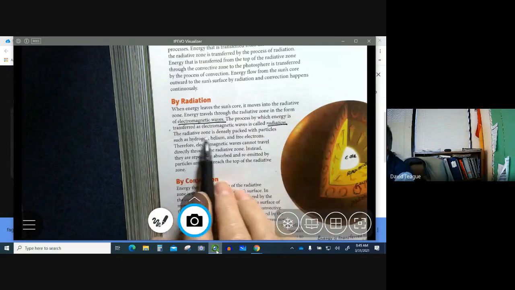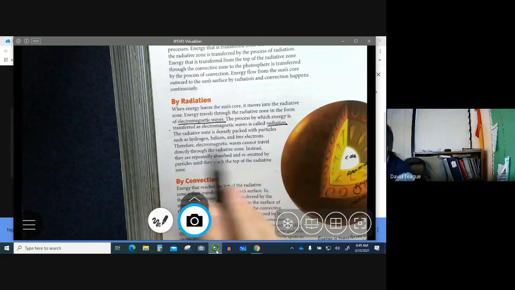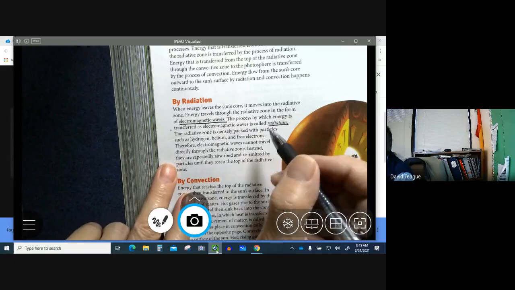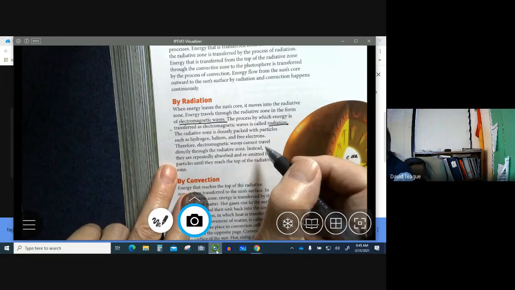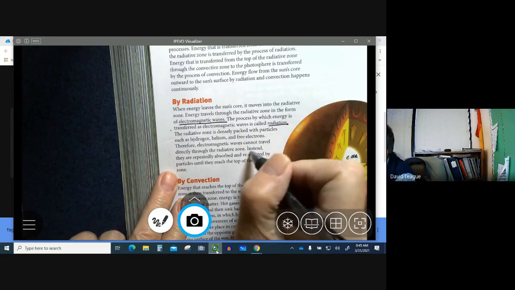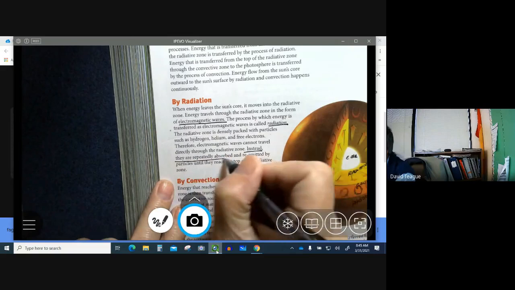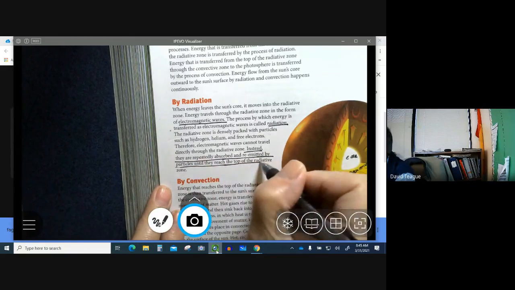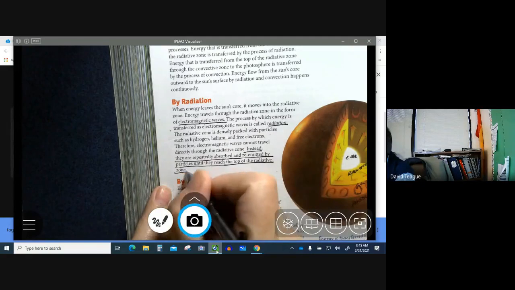The radiative zone is densely packed with particles such as hydrogen, helium, and free electrons. Therefore, electromagnetic waves cannot travel directly through the radiative zone. Instead, they are repeatedly absorbed and re-emitted by particles until they reach the top of the radiative zone.